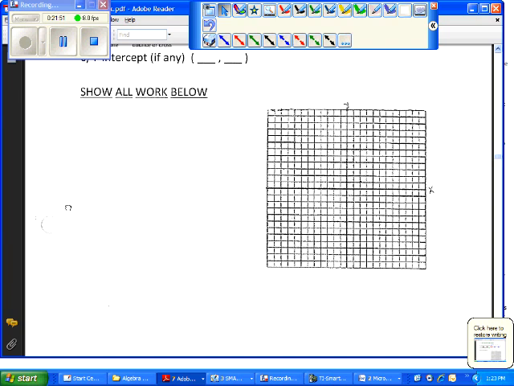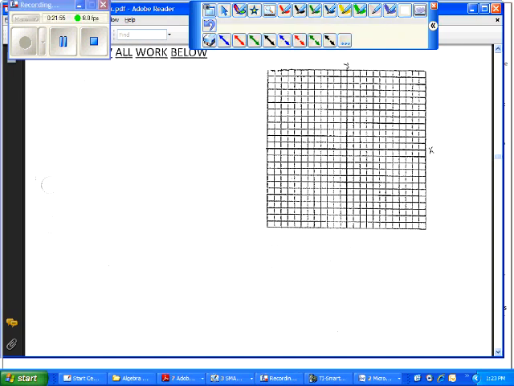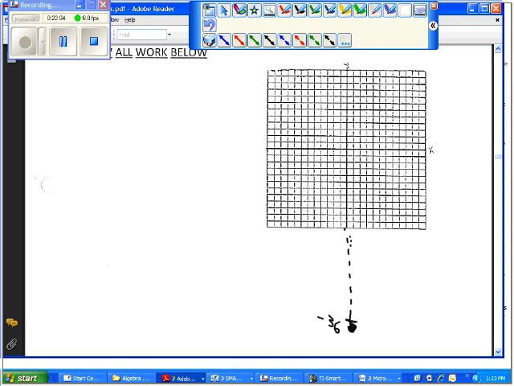All right, I'm going to shift this up. My y-intercept was way down here, somewhere at negative 36. My roots were negative 2 and positive 1 and 3.